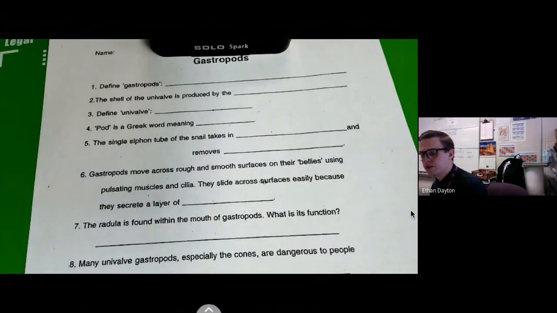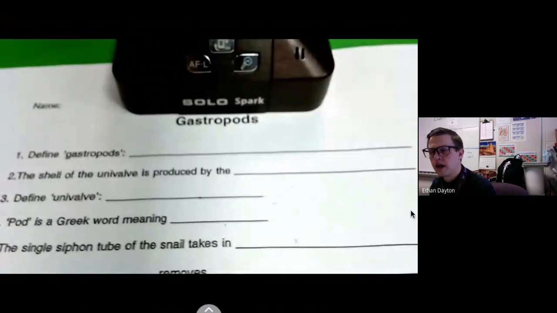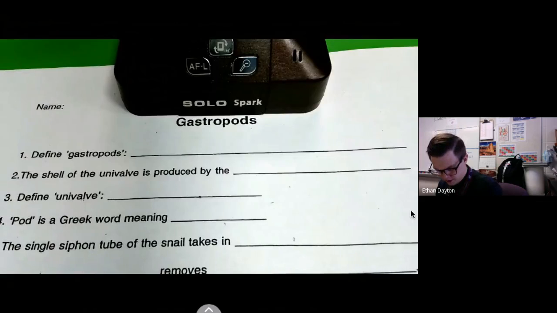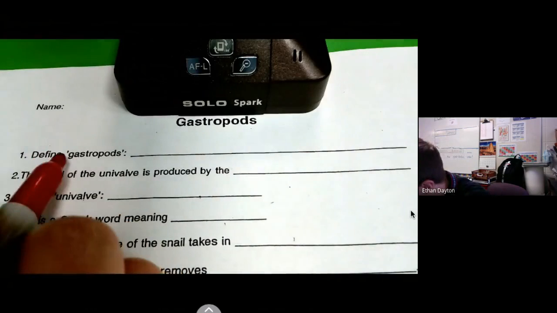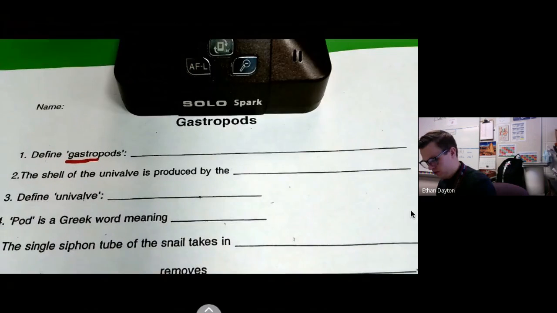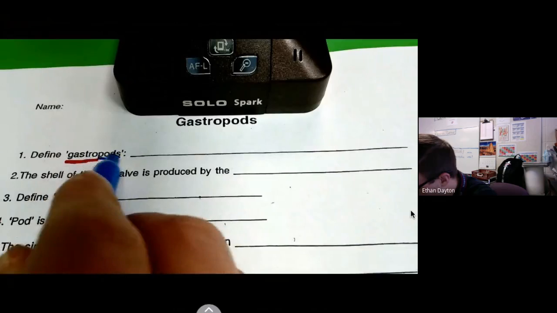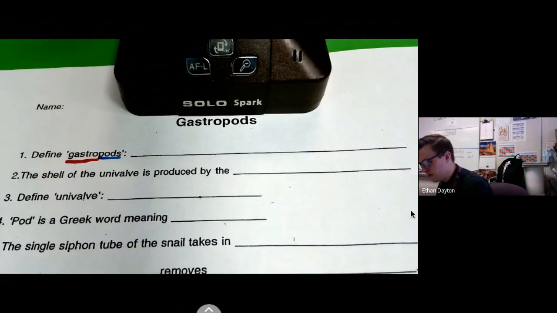Okay, so first we're going to start with define gastropods. So what does the word gastropods mean? I'm going to direct your attention to what we did yesterday. Remember, gastro and pods. What does that word mean?